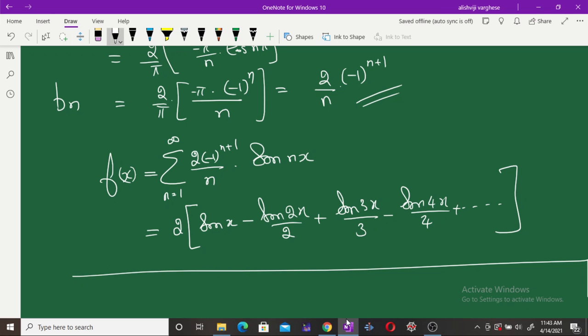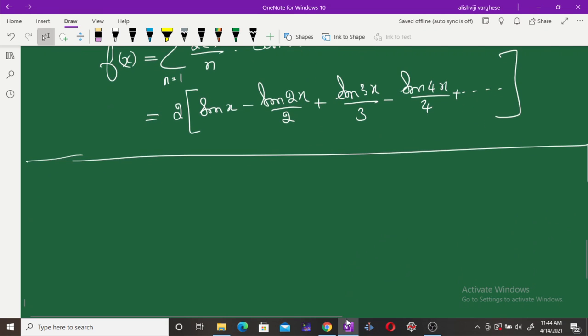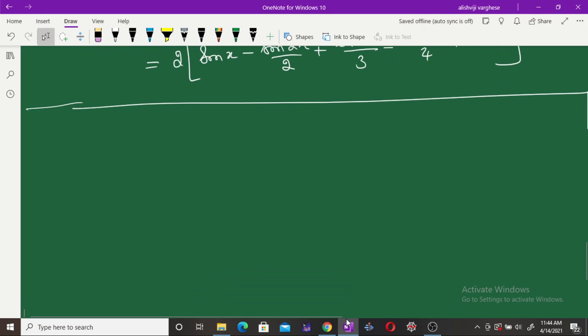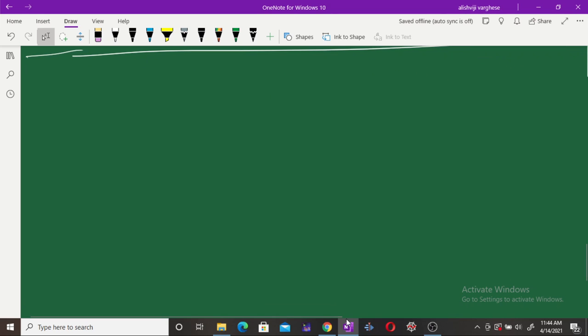So that is how the Fourier series representation of a function works. We can use the series representation of the function for approximation purposes, and we need to consider just 3 or 4 terms of our Fourier series to have a good enough approximation of the given function.